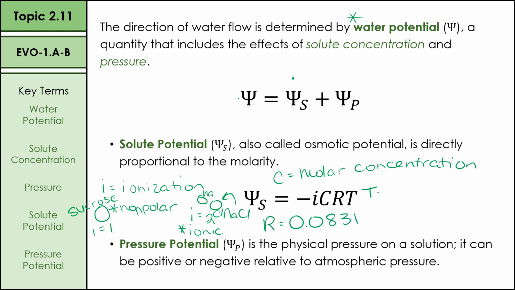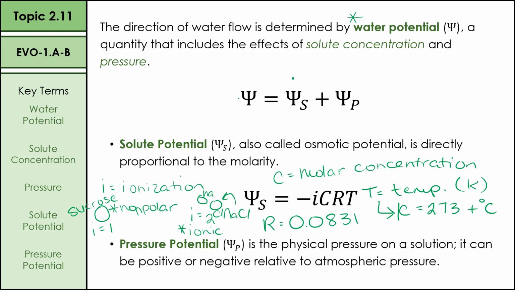And then T represents our temperature, and that is going to be in Kelvin. So most of the time we're going to have to convert that. If we're taking something from Celsius to Kelvin, Kelvin is going to equal 273 plus our degrees Celsius.